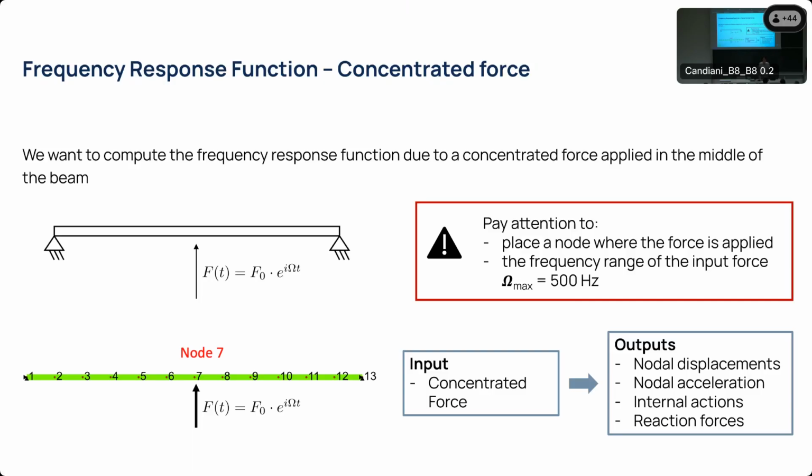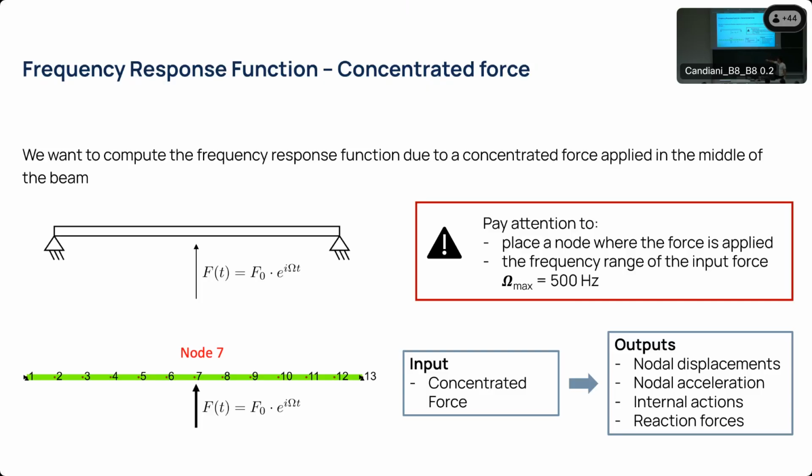And we want to know, based on the amplitude and the frequency of the input we give to the structure, what will be the output of our structure in several different nodes. In this case, we use a very small example, which is, again, a beam. Actually, it's the same beam that we did before.